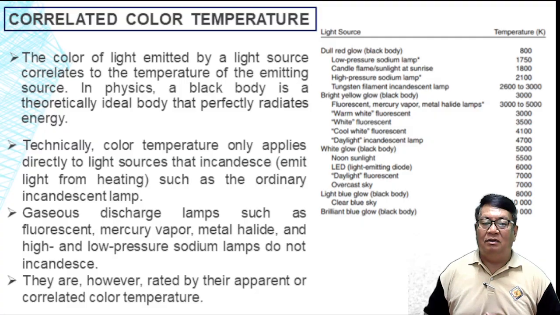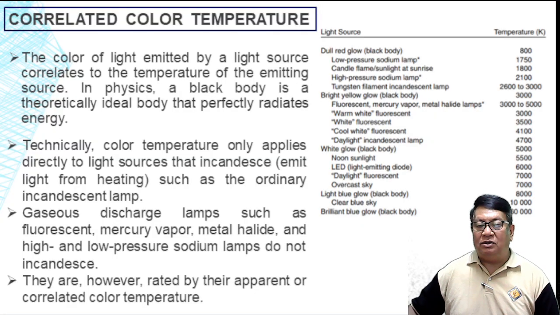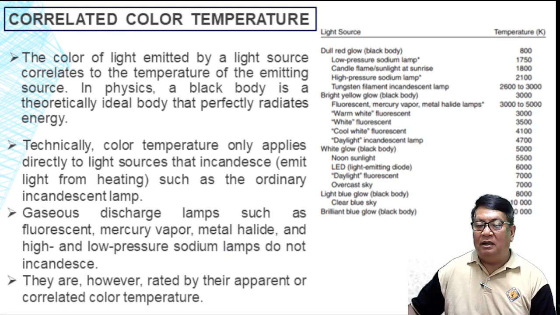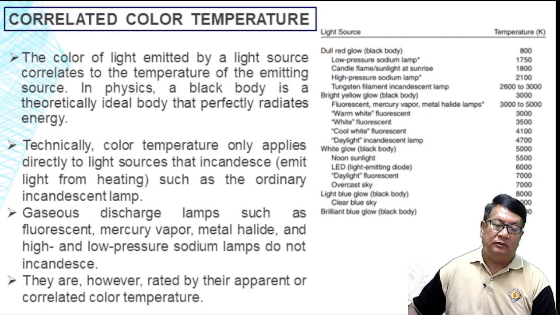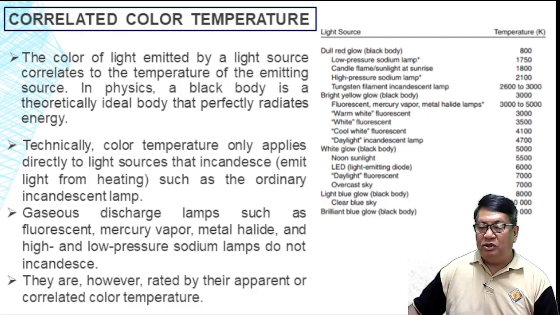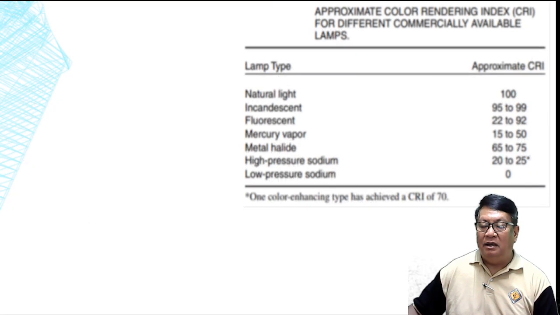Technically, color temperature only applies directly to light sources that incandesce, or emit light from heating, such as the ordinary incandescent lamp. As the power or current increases, the temperature will also increase. They are directly proportional.